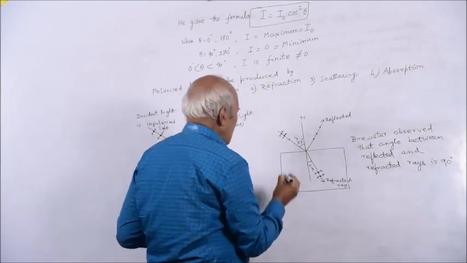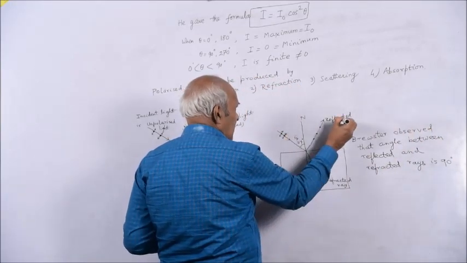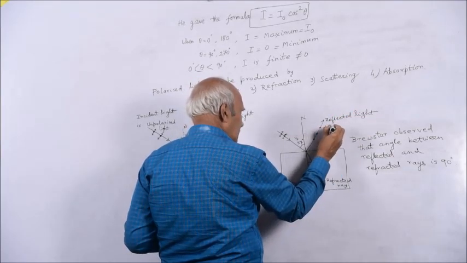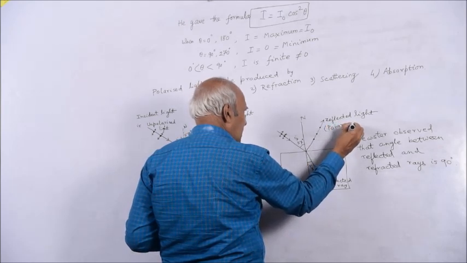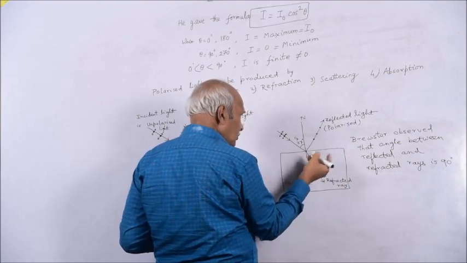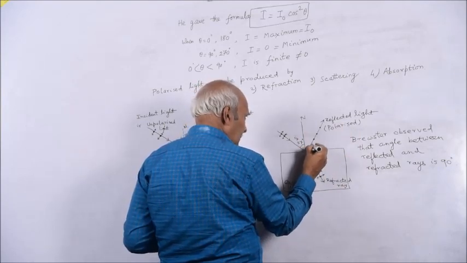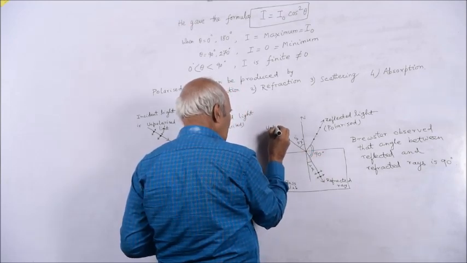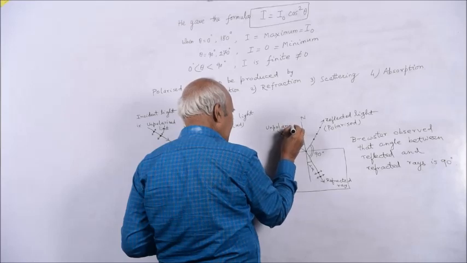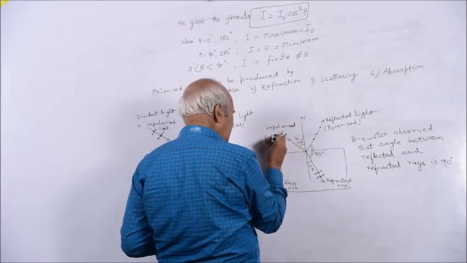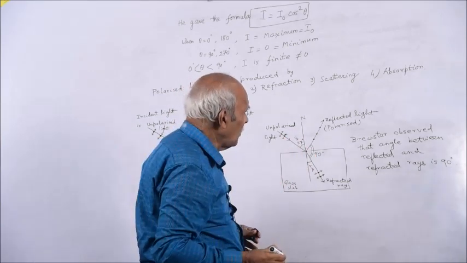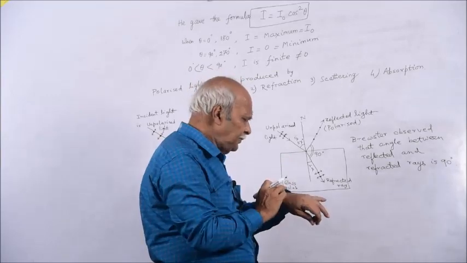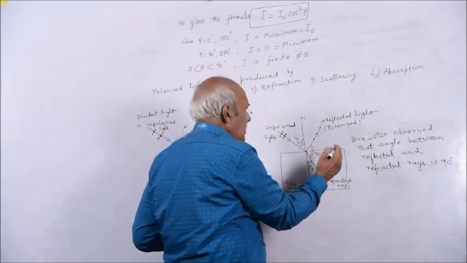For this situation, the reflected light is perfectly polarized. Under this condition also he observed this angle to be 90 degree. That means unpolarized light incident at 57 degree. Then question is, why is it always said 57 degree? Why not any other angle?